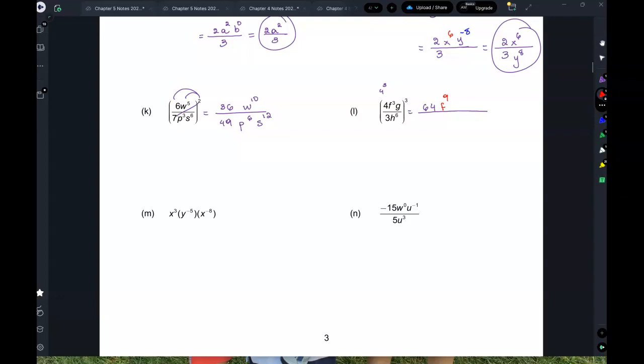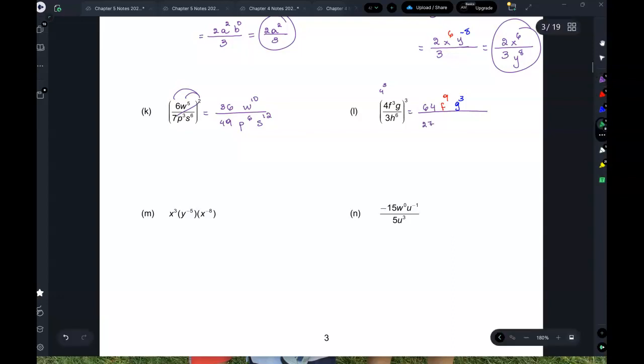So then, Sienna, what's the exponent of the g? 3. G cubed. Right. Okay, Liam, what would be the exponent of the h? It'll be 3 cubed here, which is 27.